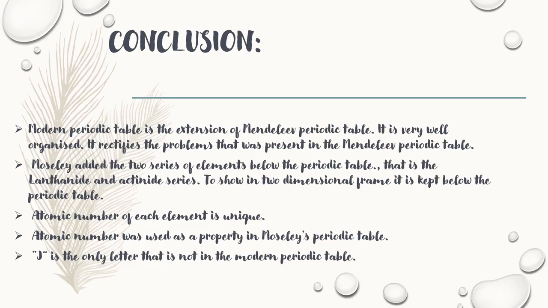We already saw that Moseley took atomic number as the basic property and the atomic number of each element is unique. It was used as the property in Moseley's periodic table, and J is the only letter that is not found in the modern periodic table. You can refer to this later.